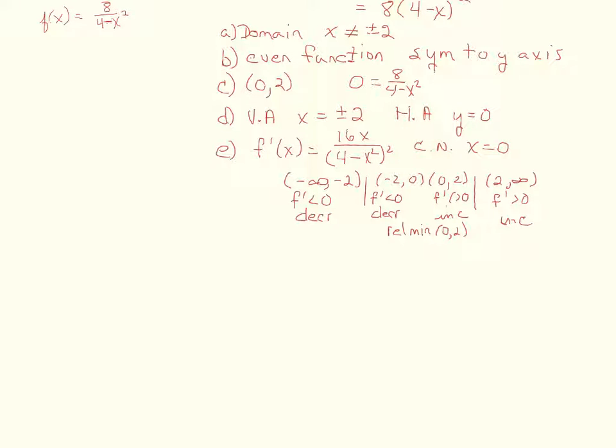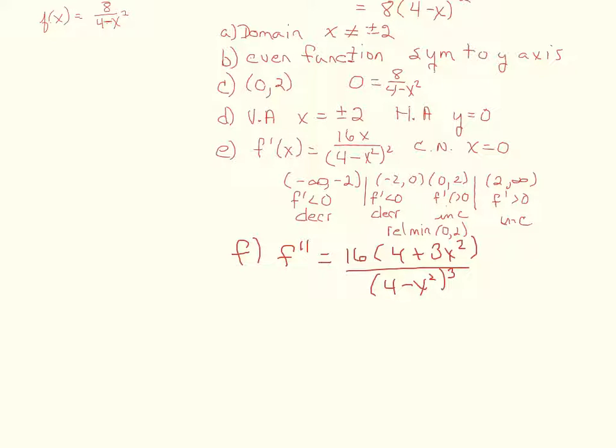If you will allow me, for time's sake, I will just tell you that the second derivative is 16 times (4 plus 3x squared) over (4 minus x squared) cubed.